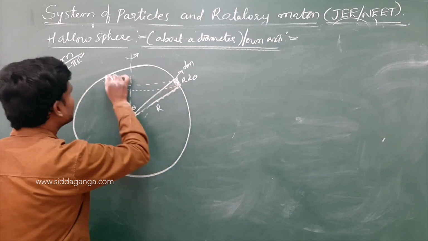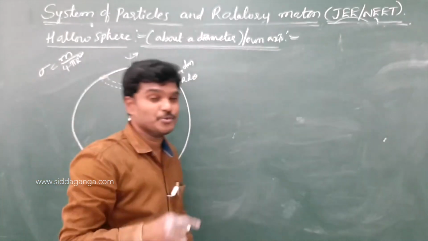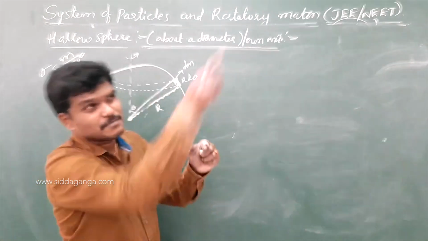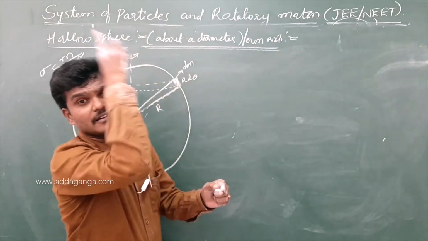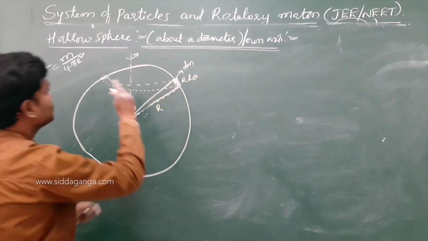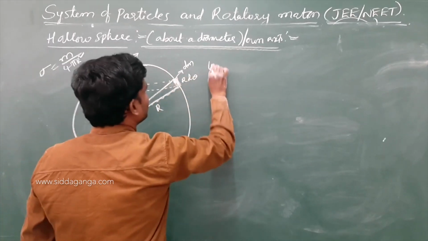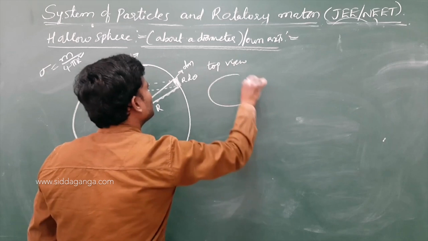You imagine correctly. If I observe from the top view, if I take a small part on this side, the top view is like a circle.